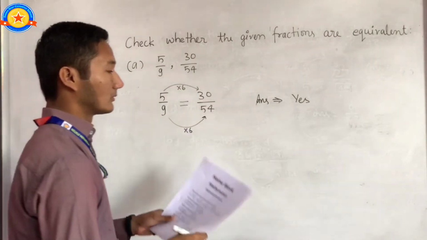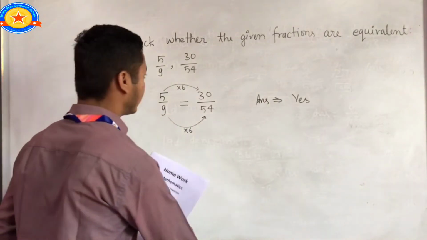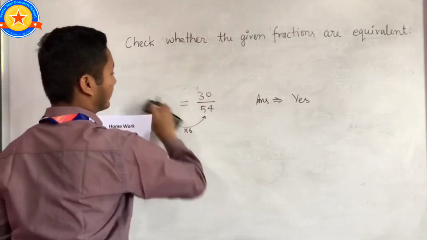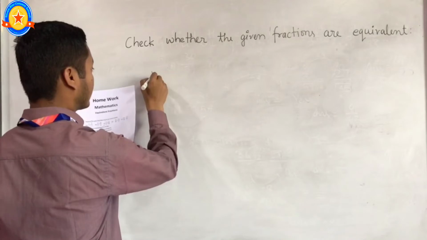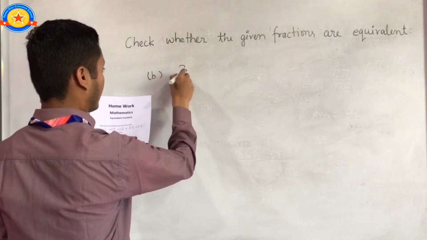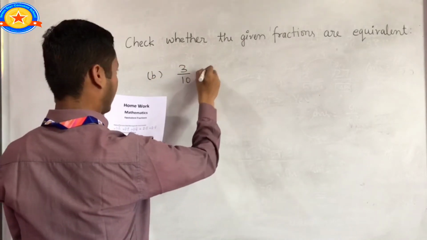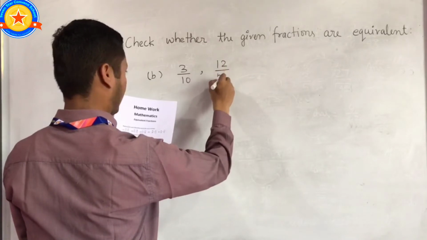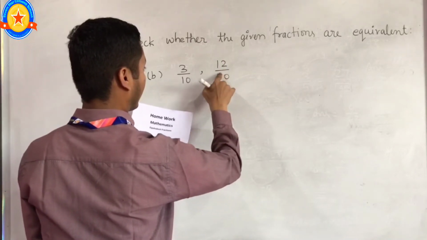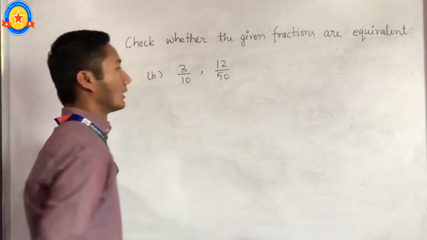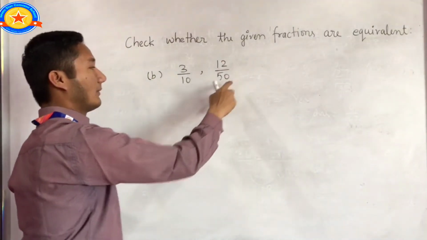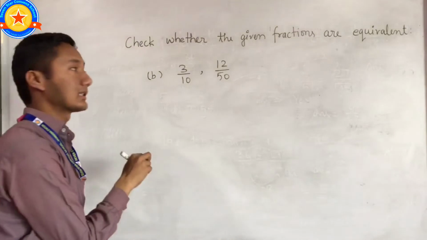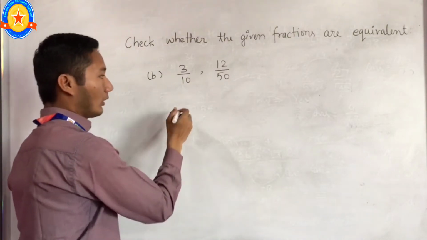Now next question is: students, our next question is 3 by 10 and 12 by 15. We need to check whether these fractions are equivalent or not.